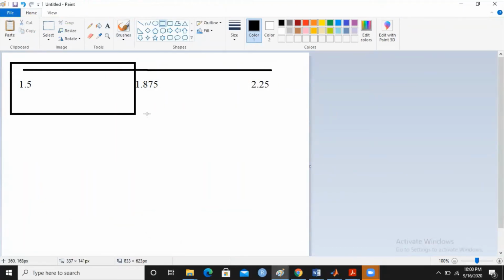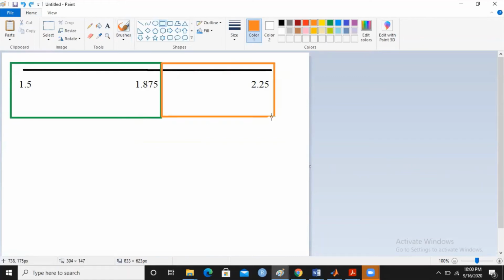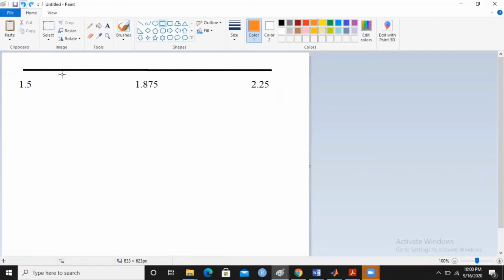check or apply the intermediate value theorem here, and then let us apply the intermediate value theorem here. How will you say that these two lines must coincide, because it is a closed interval, and the length of these intervals should be the same.